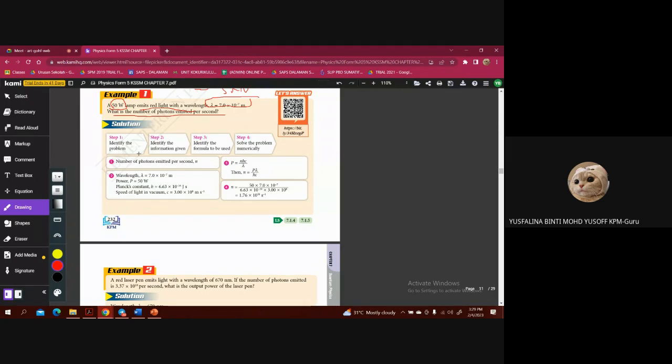How many photons? So we want to find the n here. They give you the wavelength, they give you the power P, and they give you the value of h, the Planck constant, and the speed of light c. So we use the formula P is the power, and hc over lambda.